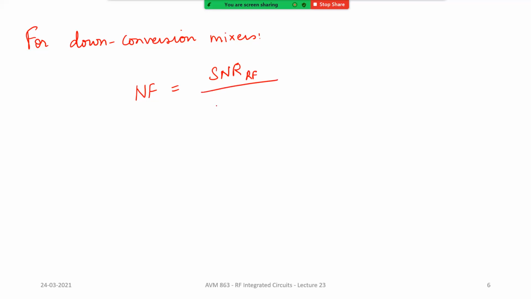But here how will you define it? For down conversion mixers, the noise figure is defined as the SNR at the input, which is at RF, divided by the SNR at IF. This is how noise figure is defined.